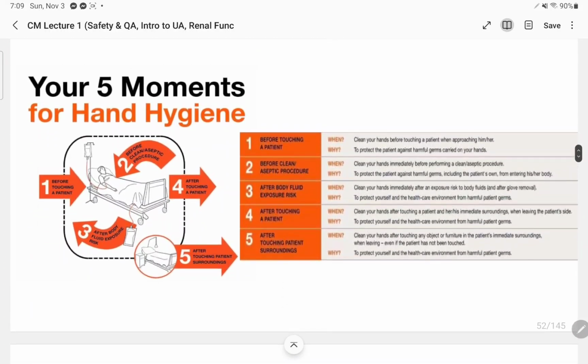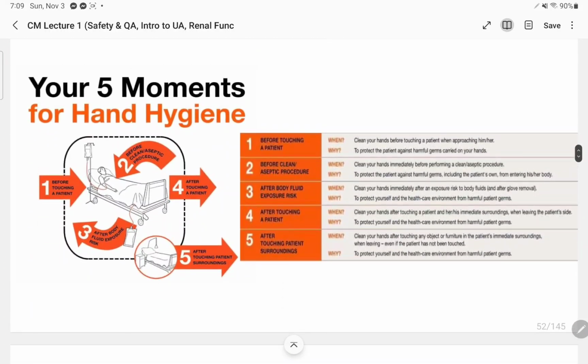And also according to the WHO, okay, there are 5 moments of hand hygiene. These are the situations where you should perform hand hygiene. So first is before touching a patient.